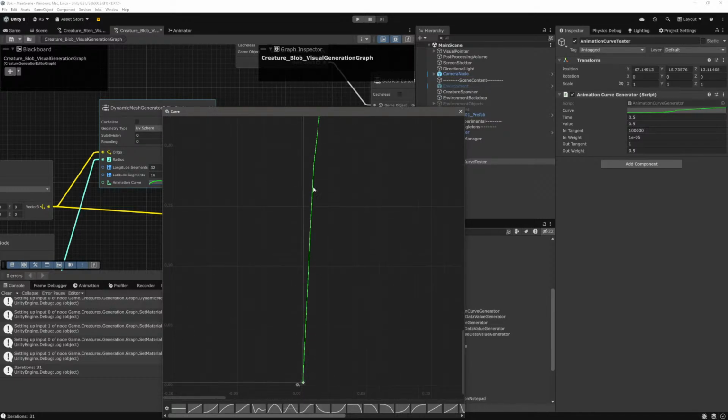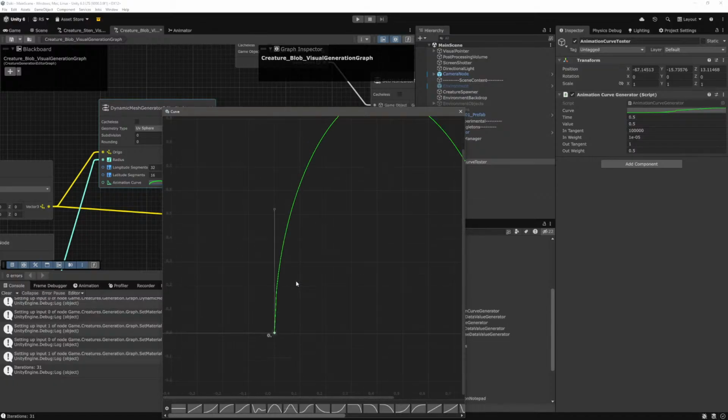Okay, this one has the same weird rendering problem. I wonder why it's defined like this.